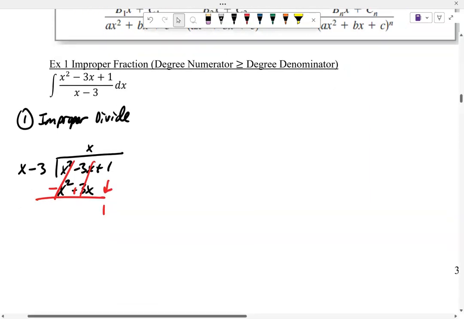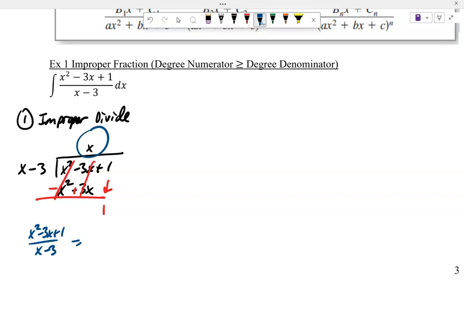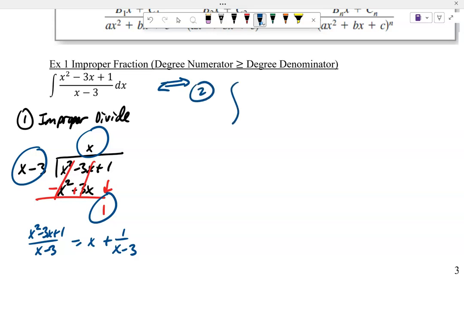And so x squared minus 3x plus 1 divided by x minus 3 is quotient plus remainder over divisor. And so we can rewrite this integral. So step number 2, now that we've done the division, x squared minus 3x plus 1 divided by x minus 3 is quotient plus remainder over divisor. And now we can run it.